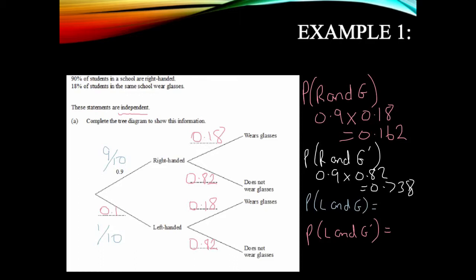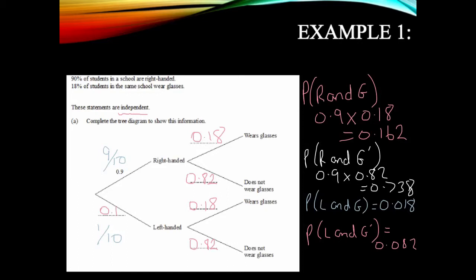We should get 0.018 there. And the last one is 0.1 multiplied by 0.82, which again is fairly straightforward, 0.082. I've almost run out of space. We'll rub that bit out and do it again where we can fit it all on one line. So 0.082.